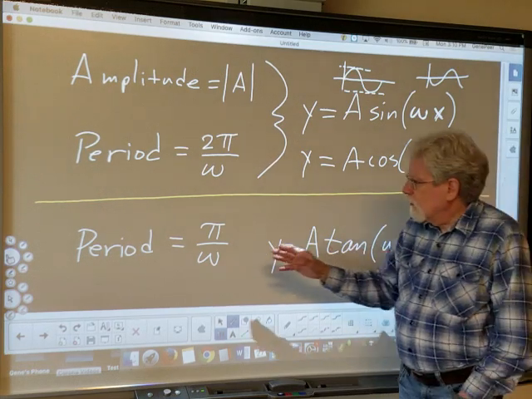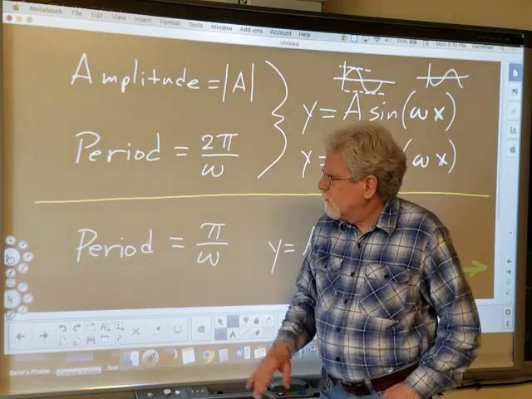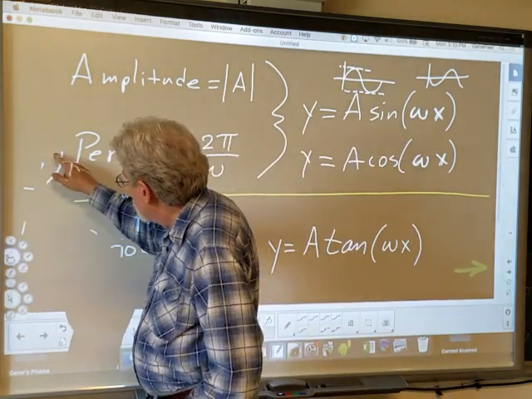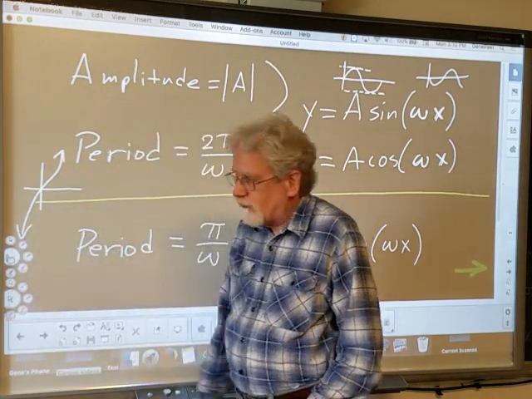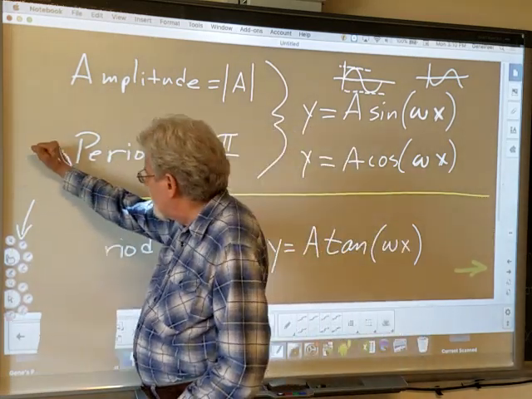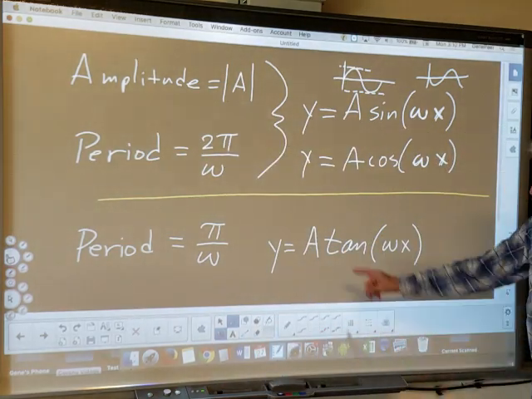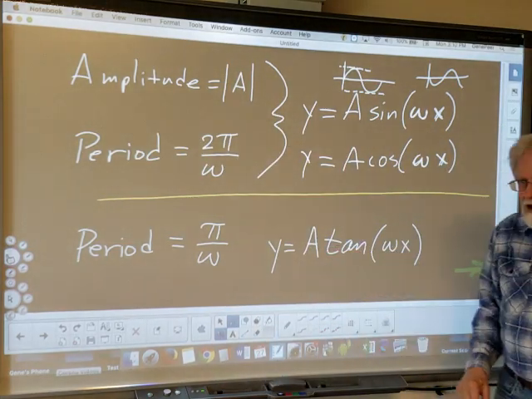Now, we don't talk about the amplitude of tangent because remember, what is the amplitude of tangent? Tangent looks like this, right? Its amplitude is actually infinite, so we don't talk about tangent's amplitude. That's a non-question. But what does A do? A will change that value.